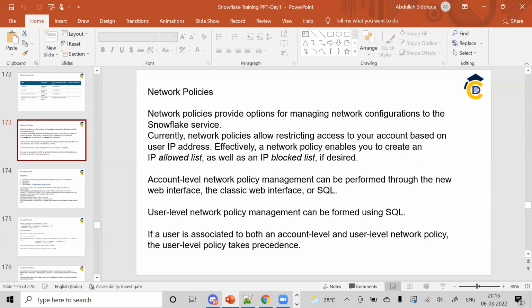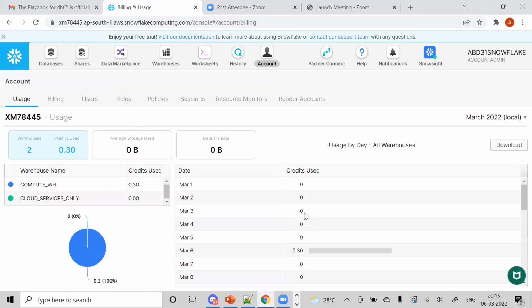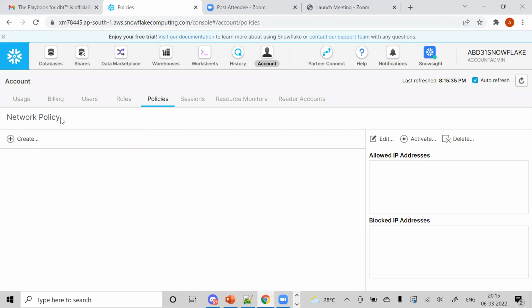So today we'll look at network policies. It is a Snowflake level object, and you can find that at the account level. If you go to this account tab here, and under the policies section, you will find this network policy. A lot of queries were there from Venkat's side regarding the security aspect of who can access the URL.